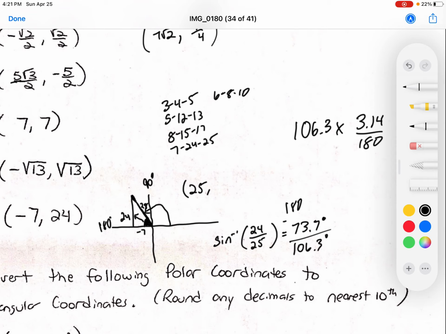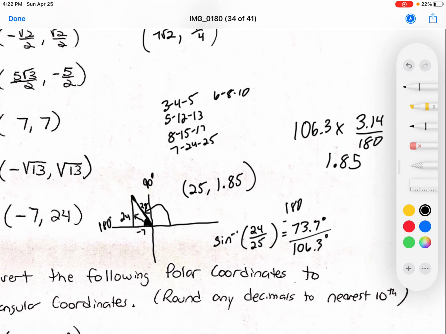So 106.3 degrees times 3.14 divided by 180. So my radian, I get 1.85. Okay.